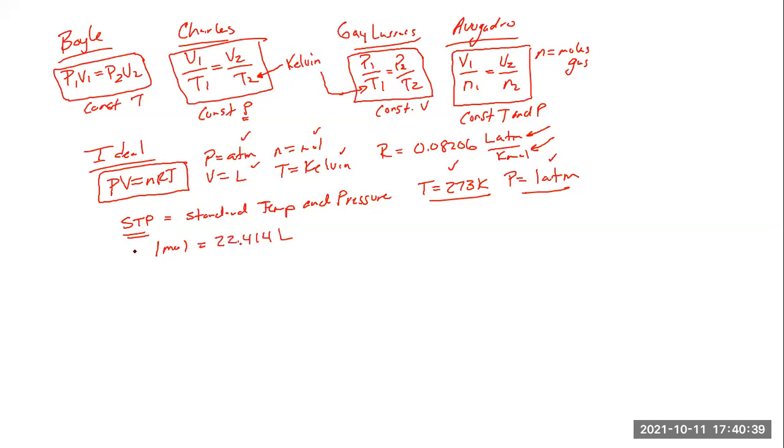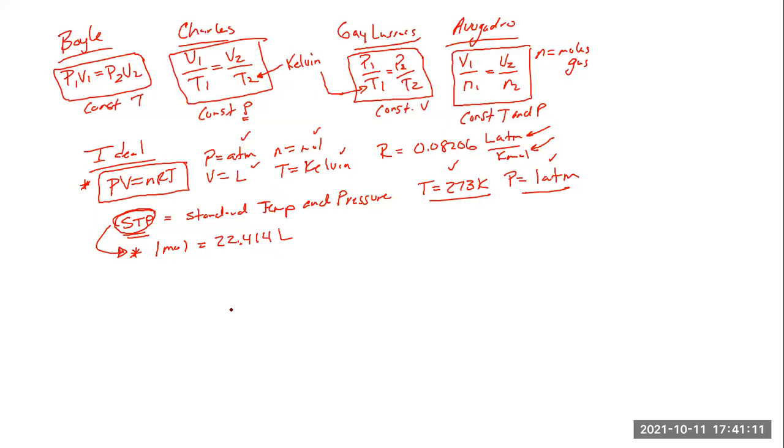That's a shortcut that would allow you not to have to use the ideal gas law. But it definitely has to be at STP conditions. If it's not STP conditions, you for sure need to use the ideal gas law. If it is at STP conditions, you have a choice. You could either use the ideal gas law by putting in 273 for the temperature and 1 atmosphere for the pressure, or you could use this conversion.